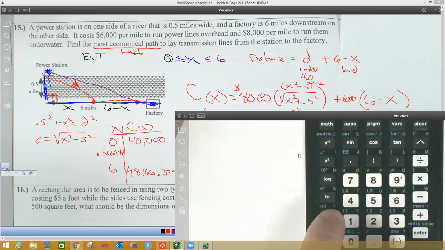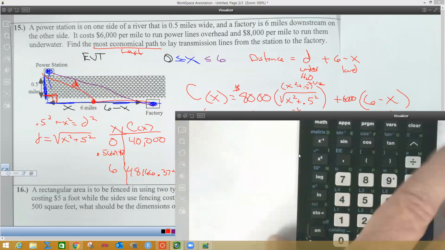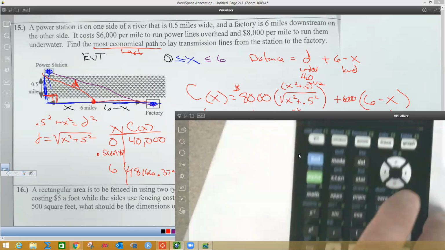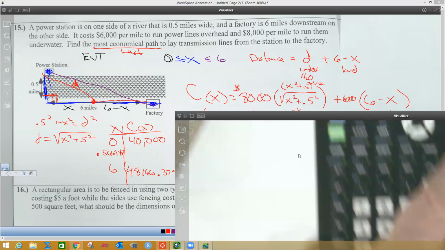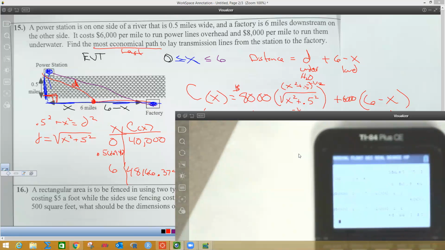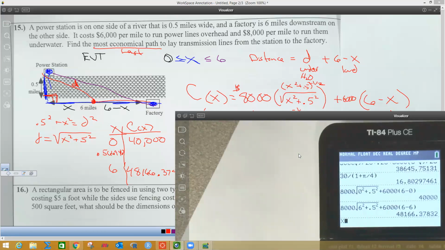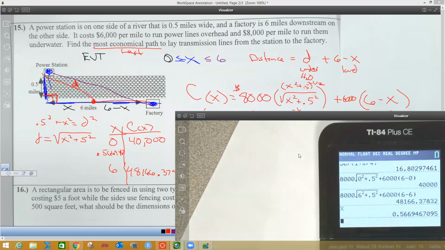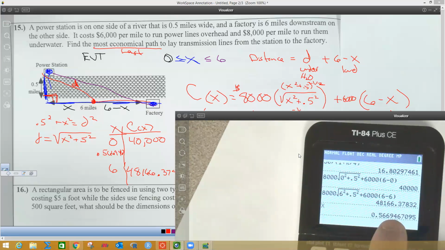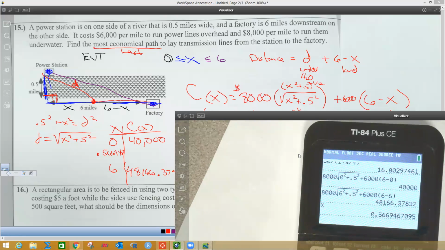Right there, there's a green X. So if I come up here and I hit alpha, and then I come down here and hit store, do you see that it put an X in there? If I hit enter, do you see that the decimal number we found for X is still right here? That's even more of the decimal than I wrote over there on the problem.